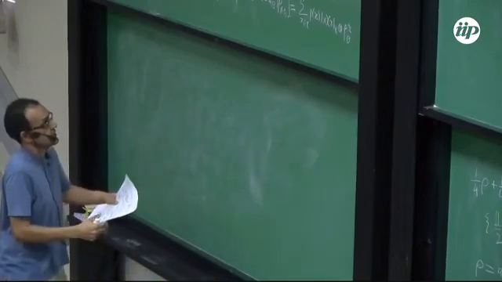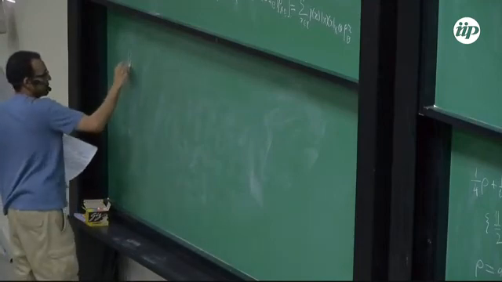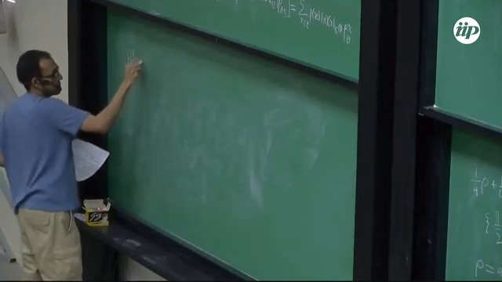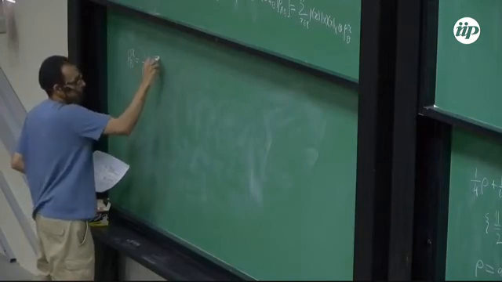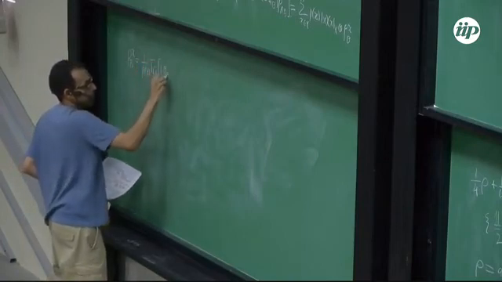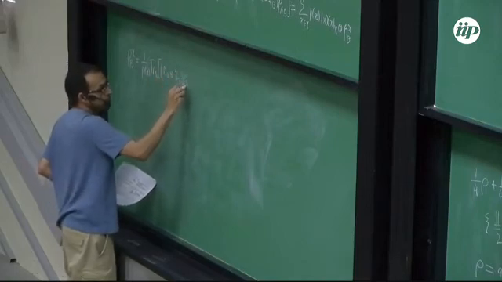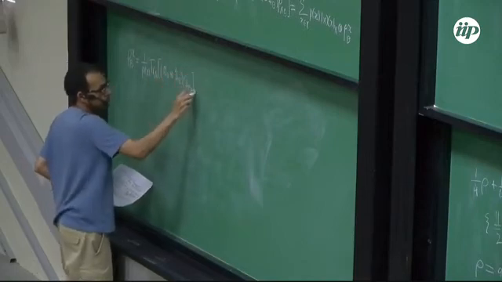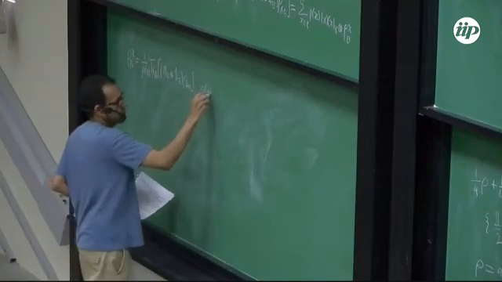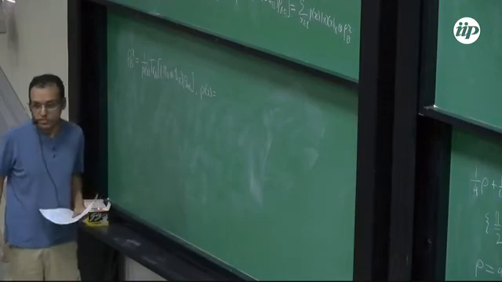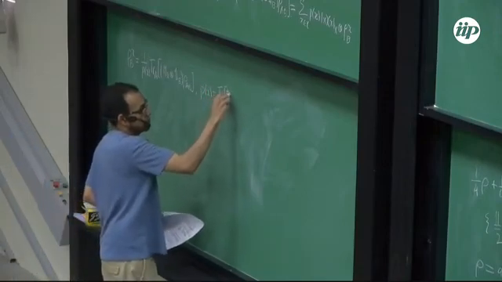Okay, so all I did here was make the following definition, where P of X is just the usual definition of probability based on the Born rule.